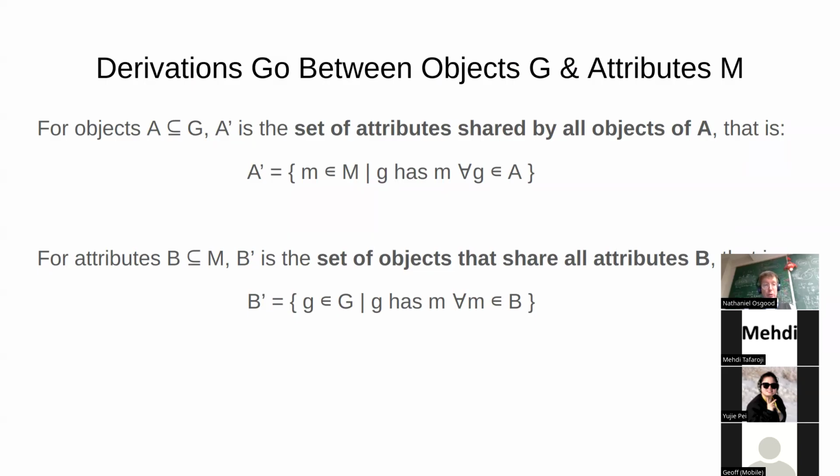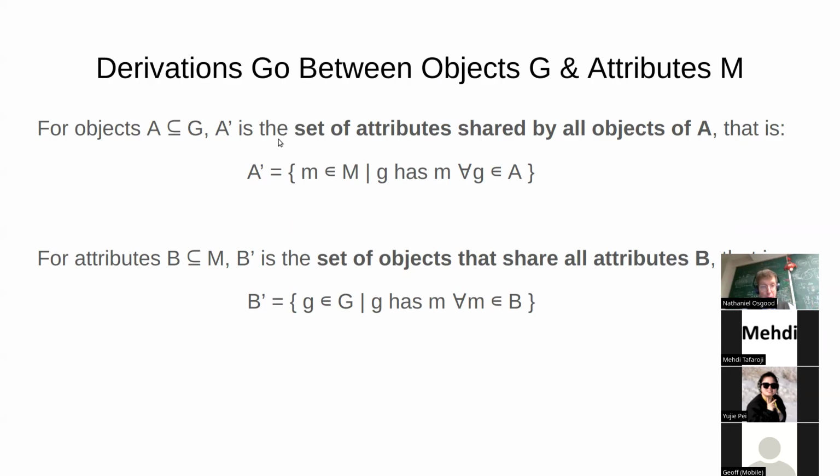One of the key pieces of structure is what are called derivations. These derivations go between objects and attributes. So given a set of objects, one relation goes one way from objects to attributes. It will tell you some attributes for those objects.